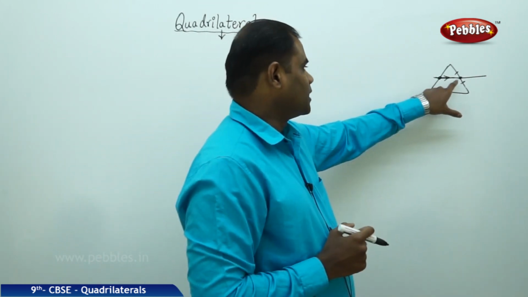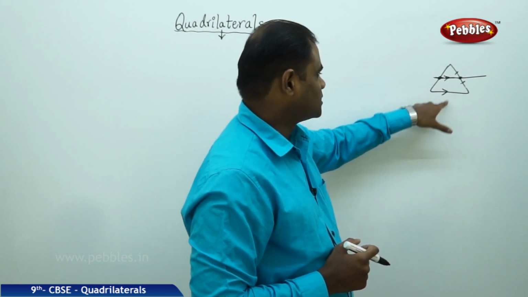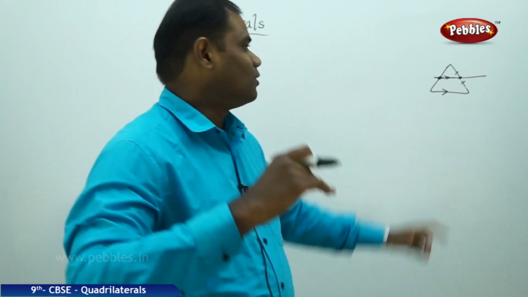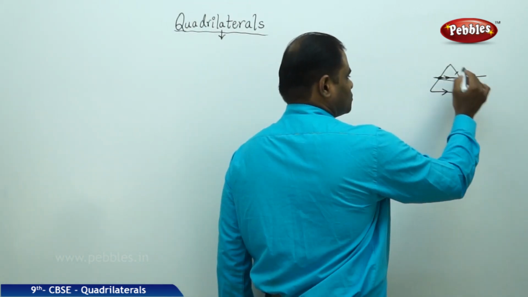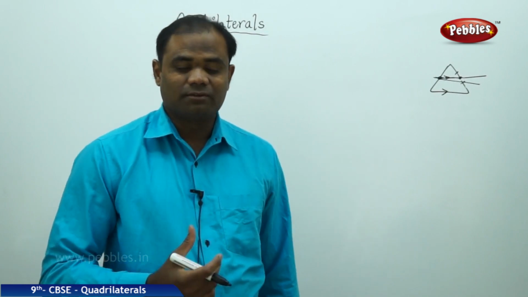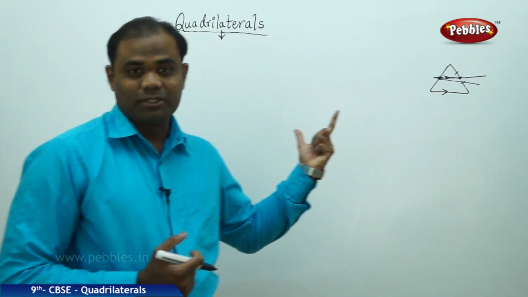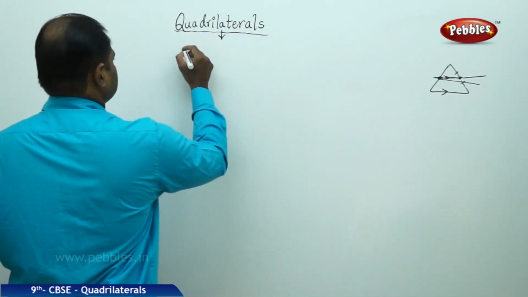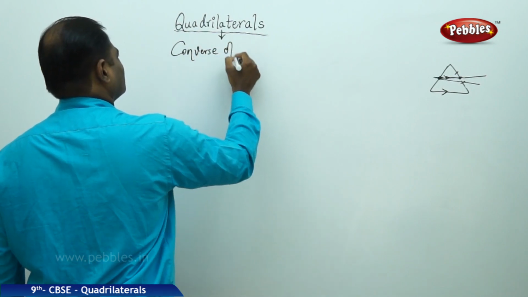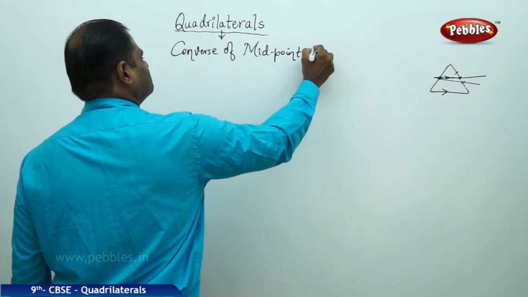So we are investigating if this line passing through the midpoint of this side and parallel to the third side passes exactly through the midpoint of the other side, or if it passes through some other point, is what we are going to investigate in the converse of midpoint theorem. Converse of the midpoint theorem with its statement.